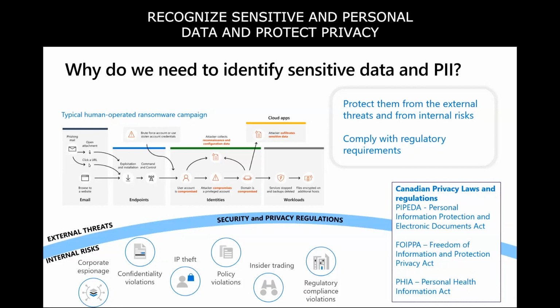So obviously we need to protect. First of all, we need to identify that sensitive data because we want to protect it from external and internal risks, and also be compliant with privacy and security regulations.